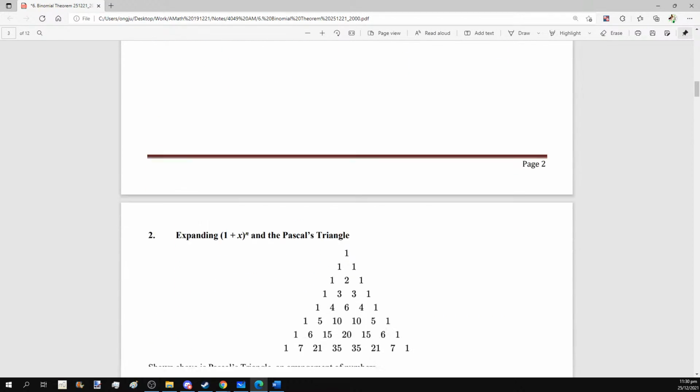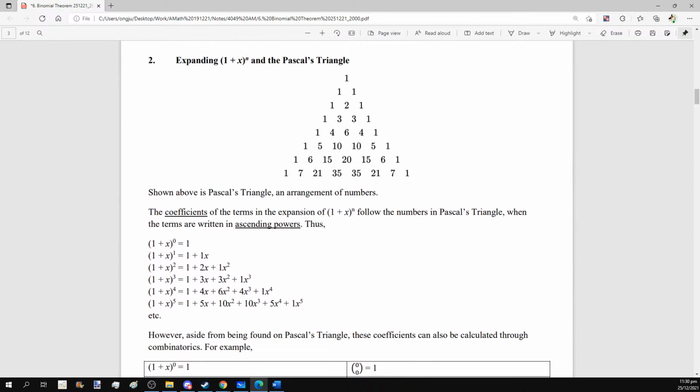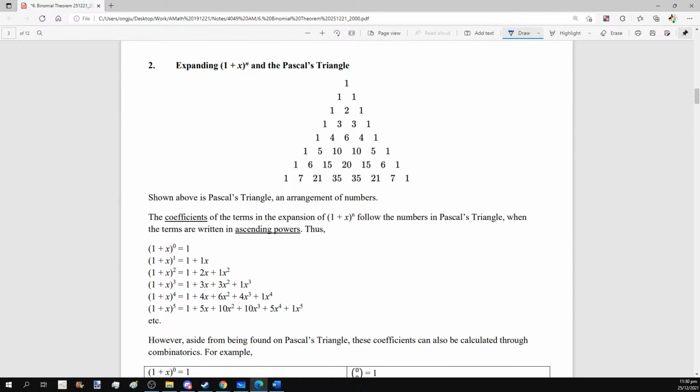What we're going to do next is take a look at the situation 1 plus x to the power of n, where n itself is an integer greater than or equal to 0.